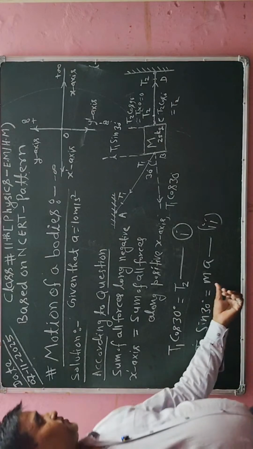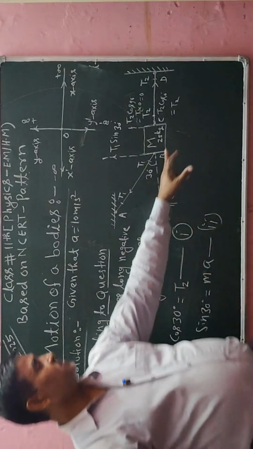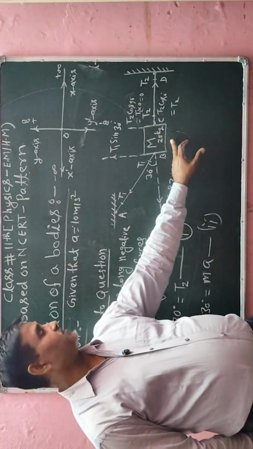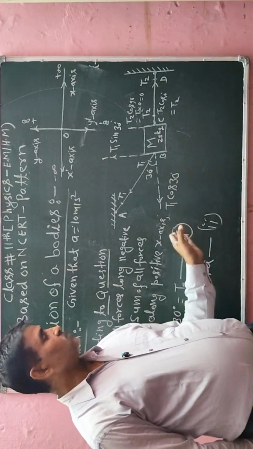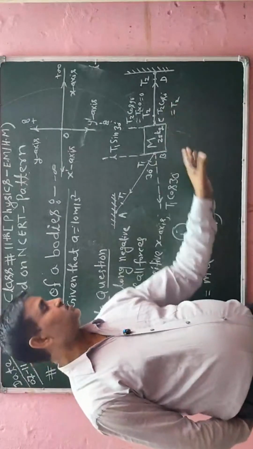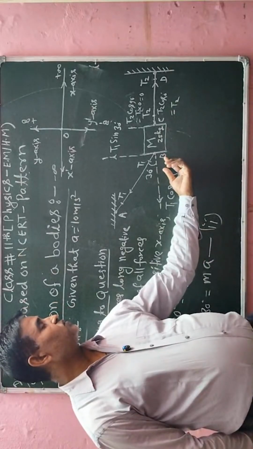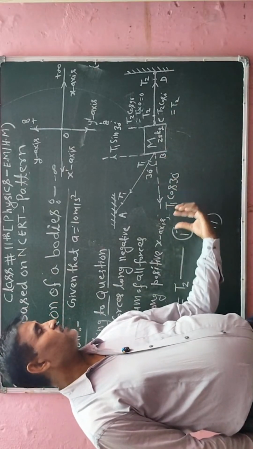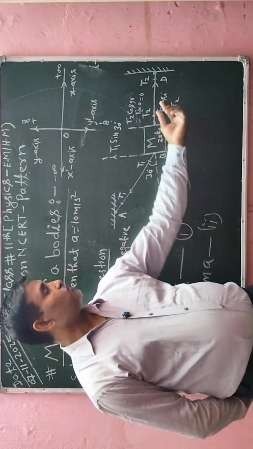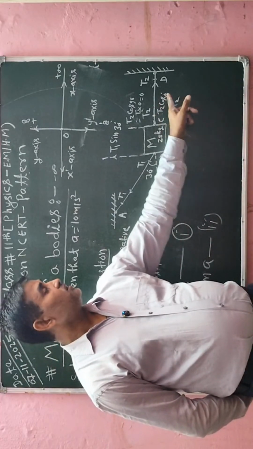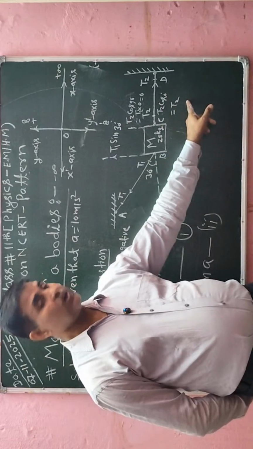Okay, now here I am going to say, the object which is 25 kg will not move along this axis and also along this axis. It means that the sum of all forces along the negative x-axis is equal to the sum of all forces along the positive x-axis, that is T2 I have considered.